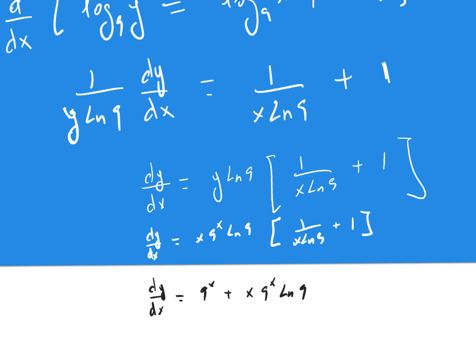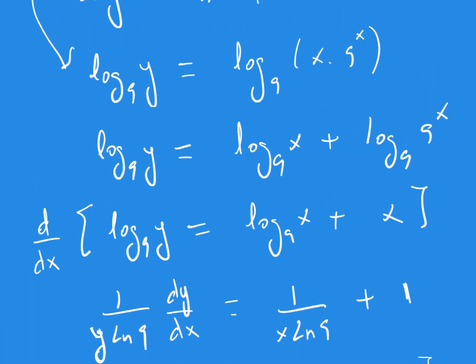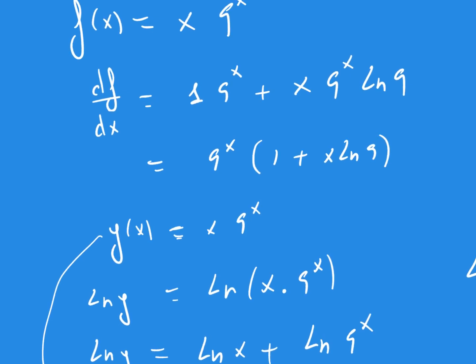And now let me see what the result was for the first part to check that it is the same result: 9 to the x plus x times 9 to the x, or let me put it this way, 9 to the x multiplied by 1 plus x natural log of 9. Yes, it's the same one.